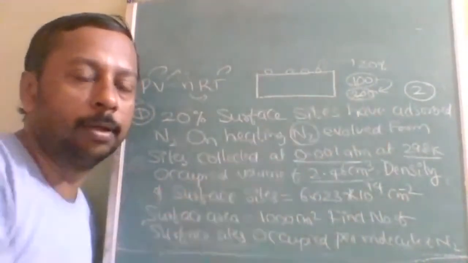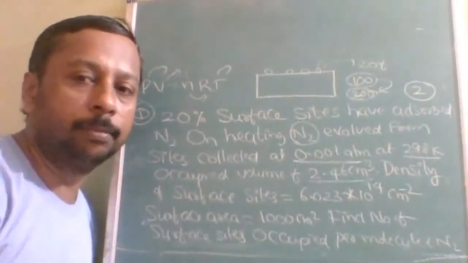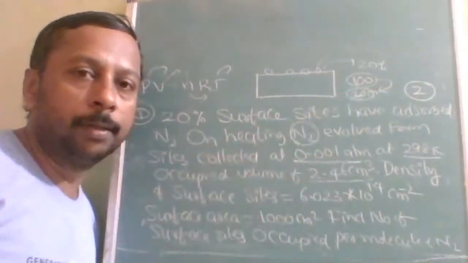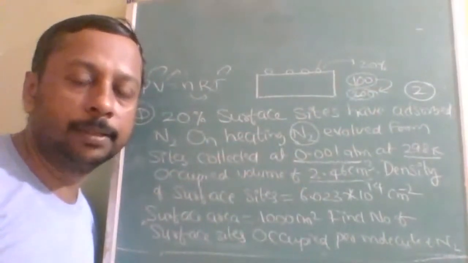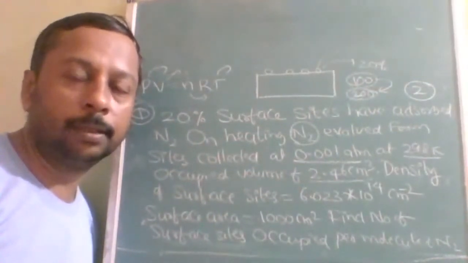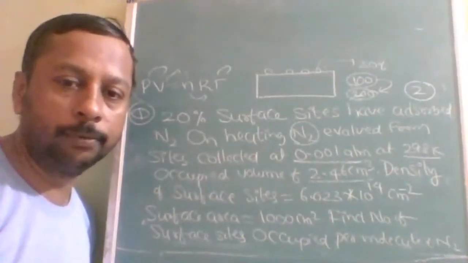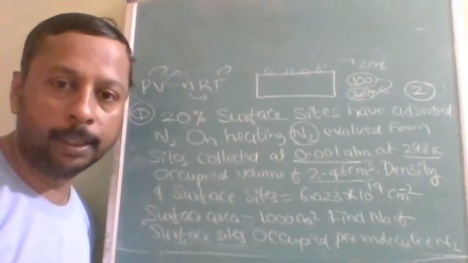Then you will get the number of spaces available. Then you divide them, you will get the number of sites occupied by each nitrogen molecule. Answer to this question is 2. Is that clear to all of you? So topic I think clear now.